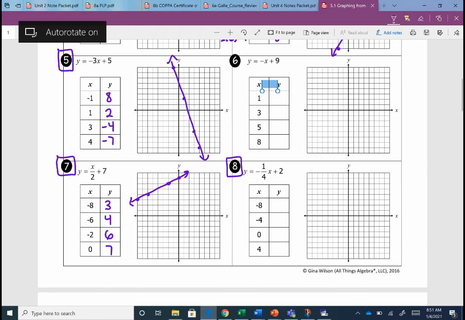We've got negative 1/4 times -8, and we have a plus 2. The easiest way to do this, unless you feel really comfortable with doing computation with fractions in your head, which some of you probably are, is to use that ABC key on your calculator, enter in your negative 1/4.